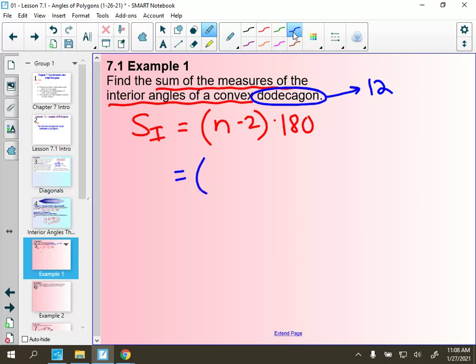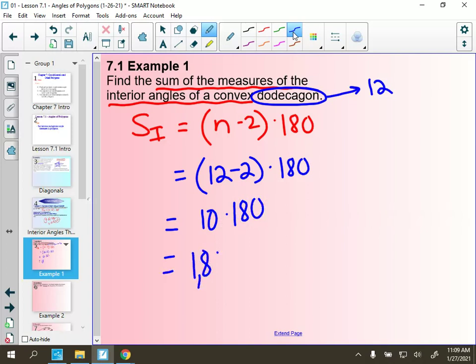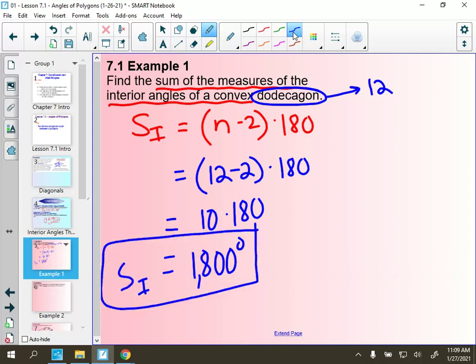As I substitute in, 12 sides minus 2 times 180 ends up being a relatively doable, in-our-head type of calculation. The sum of interior angles of a convex dodecagon would be 1,800 degrees. So a pretty straightforward use of the formula, hinged on us knowing that dodecagon means 12.